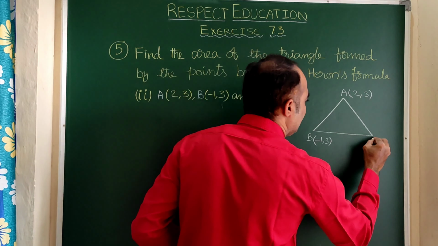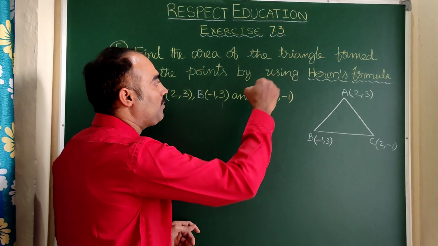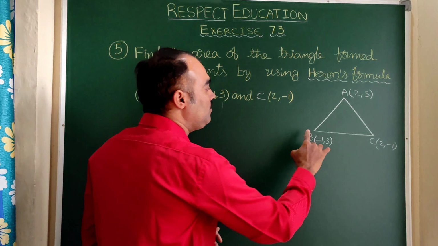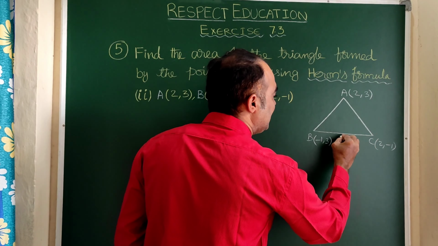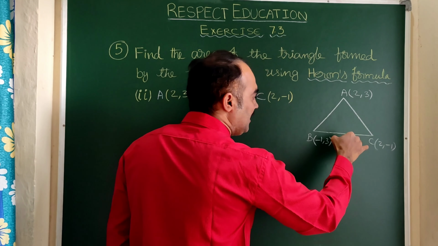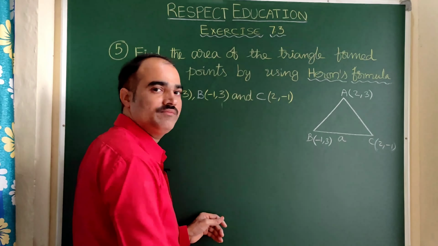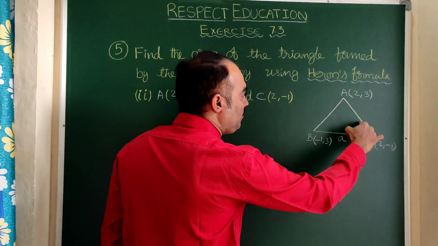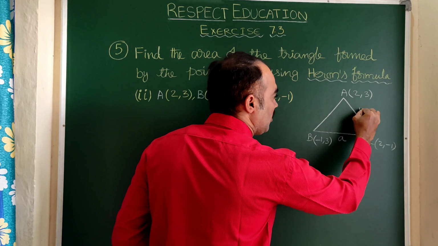Here we are asked to find it using Heron's formula. Heron's formula is based on the measurements of the sides. That means before applying the formula, we need to find the distance between B and C. Let us label it as small a, that is exactly opposite to capital A. The side opposite to the vertex B, you take it as small b.